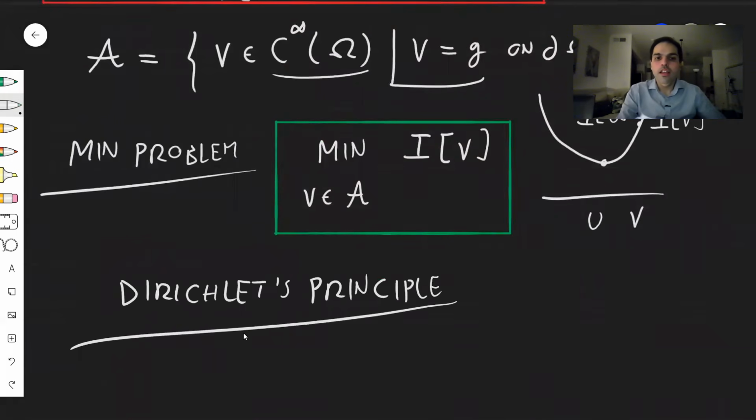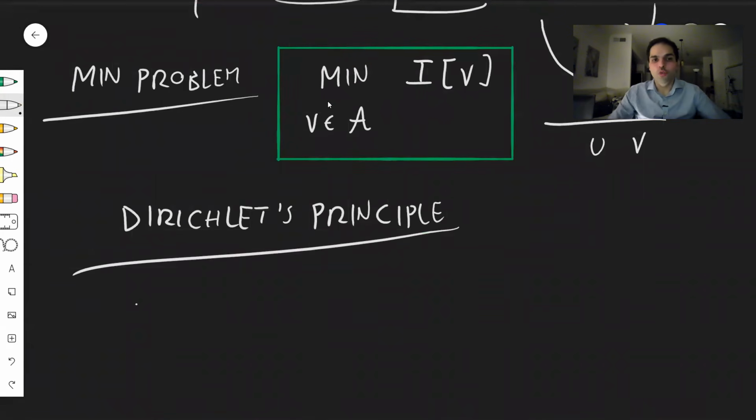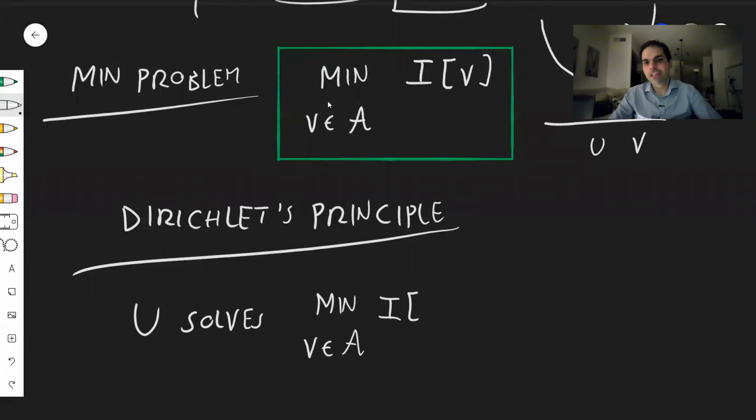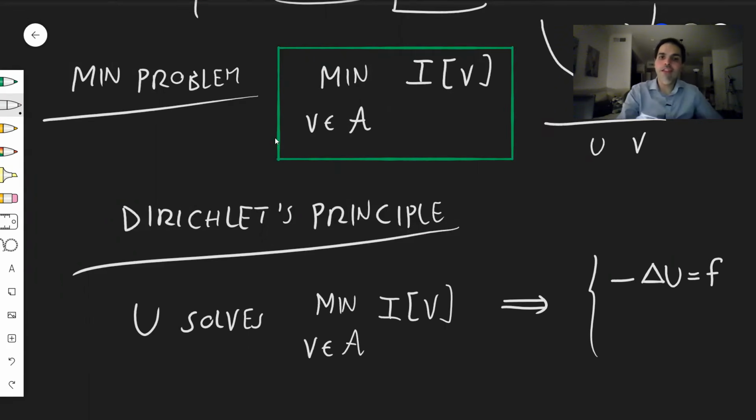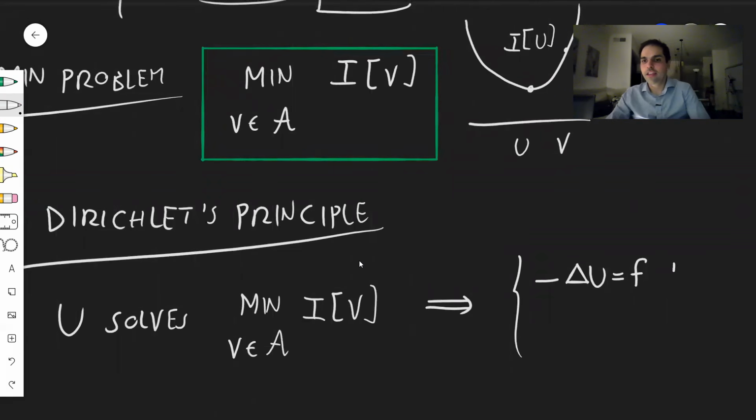Namely, if a function u solves this minimization problem, so suppose u minimizes the energy, the minimum over v in A of I of v, then it turns out it solves a very specific PDE, which in this case is Poisson's equation. So minus Laplacian of u equals f in our domain, and u equals g on the boundary. And this is sometimes called the Euler-Lagrange equation of this minimization problem.